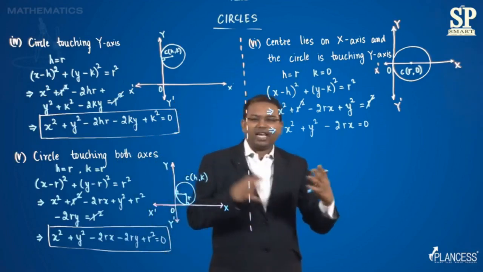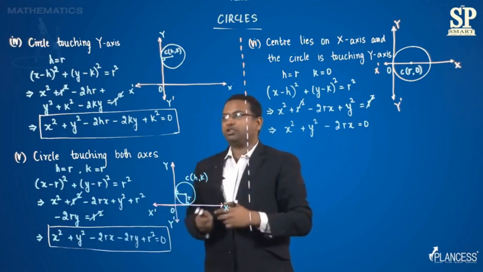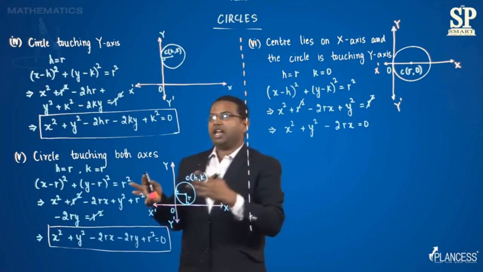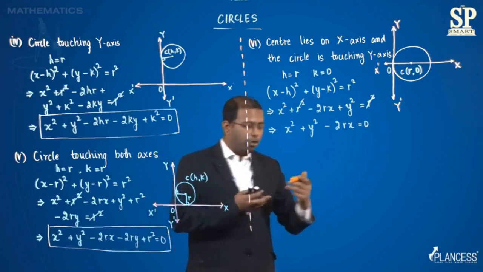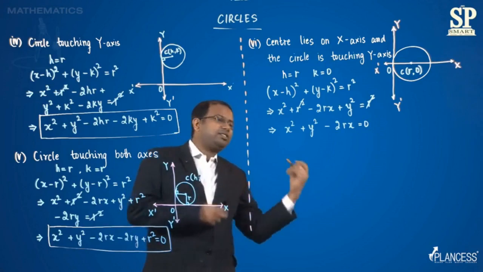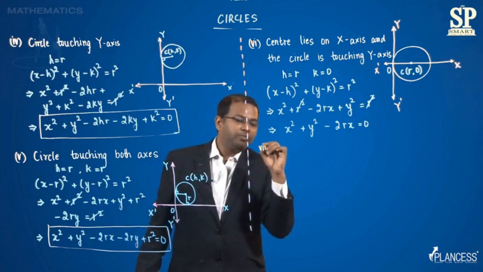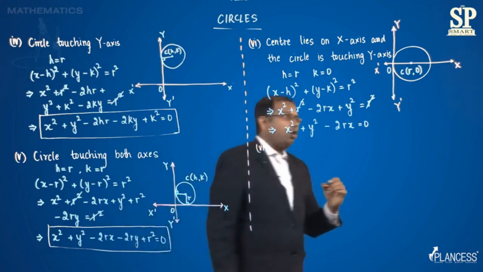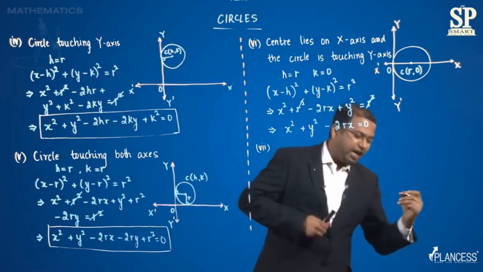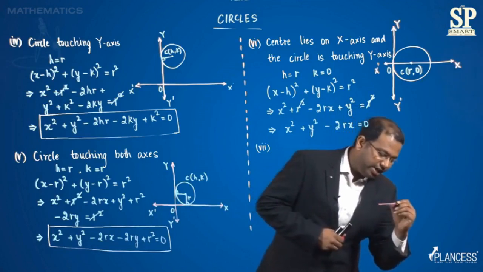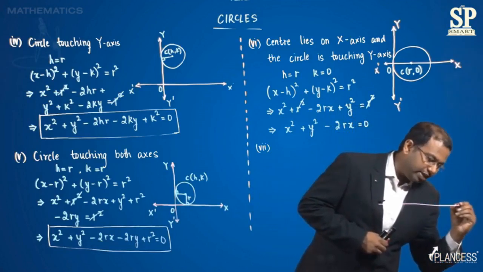So the easiest and the simplest form that we have come across is when the center is lying at the origin. So we now are going to look at the one last possibility, which is when the circle is touching the x-axis and the center is lying on the y-axis.